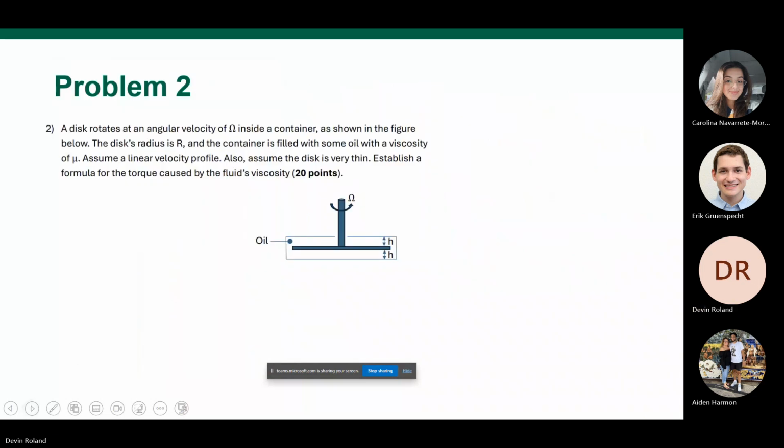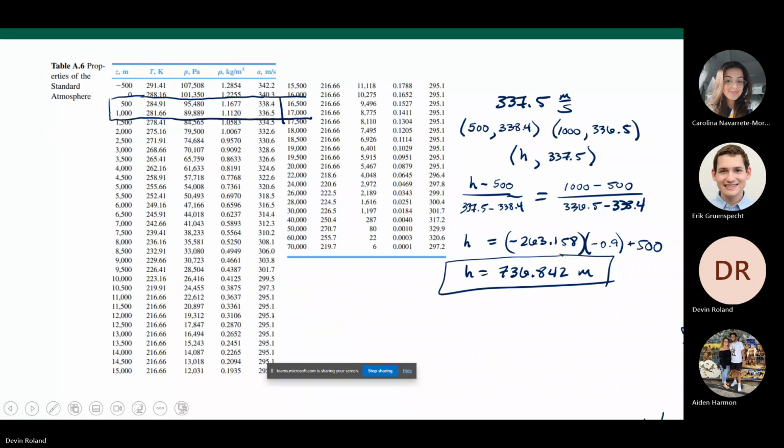So for problem 2, I'm going to skip problem 2 and come back to it. I got distracted on the way here, and there's something that I need to look into with problem 2, so I'll come back to it. Oh yeah, sure. Yeah, this part. Sure. Yeah, no problem.